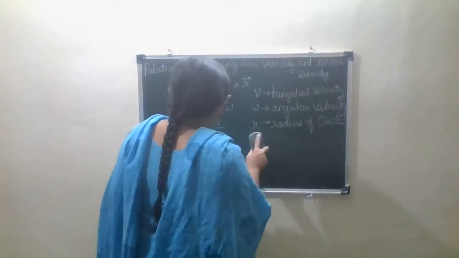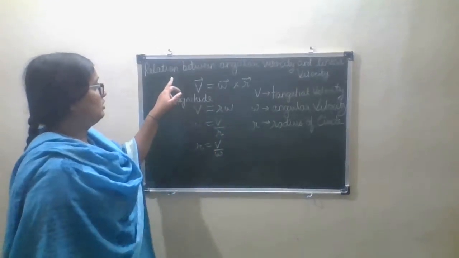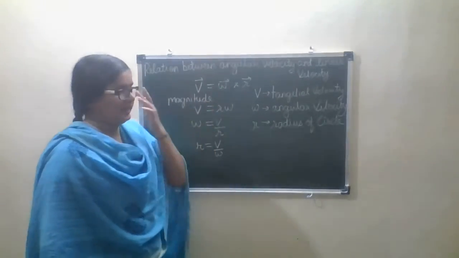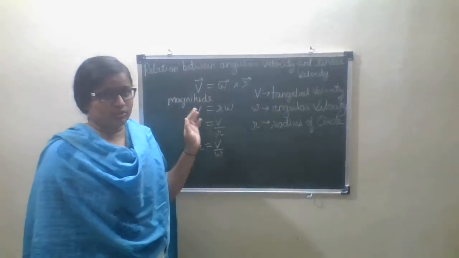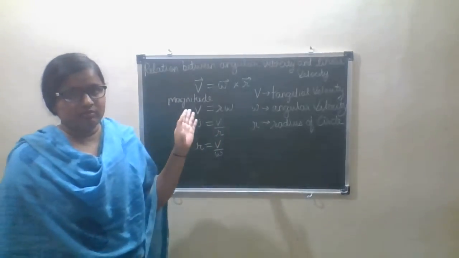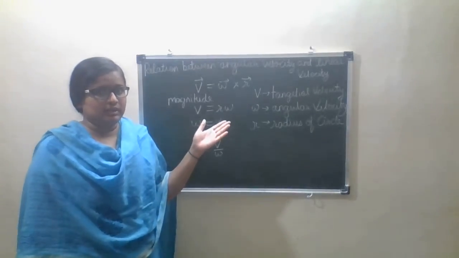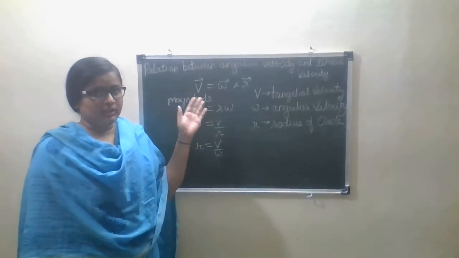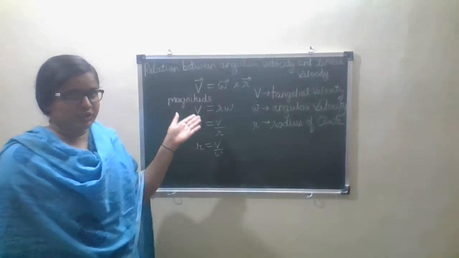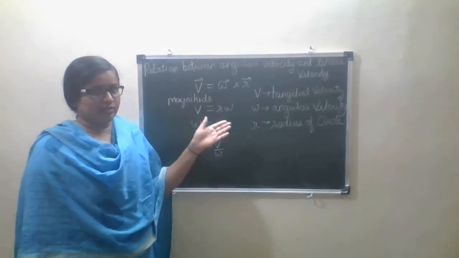Now we will see the relation between the angular velocity and linear velocity. In vector form, v is equal to omega cross r, and in magnitude form we already know v is equal to r omega.